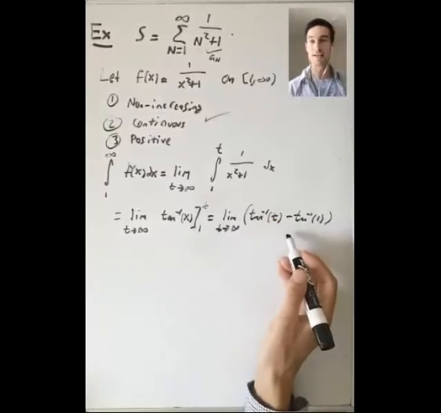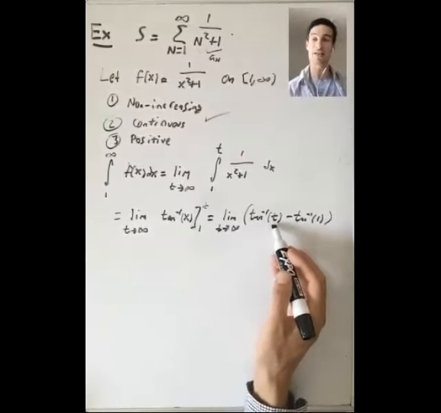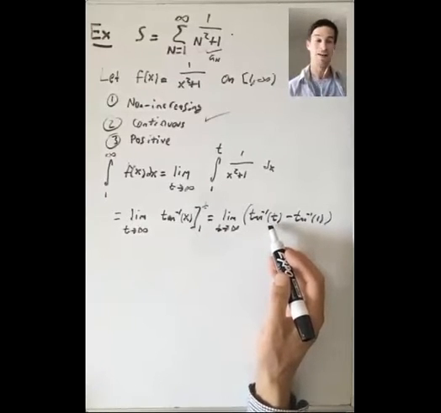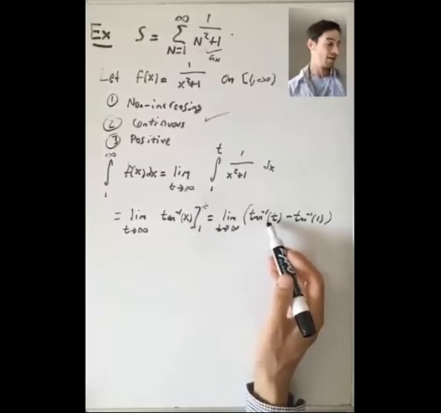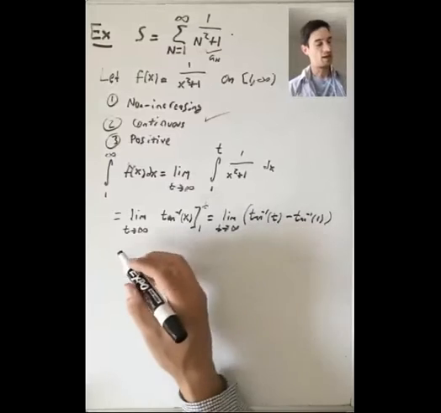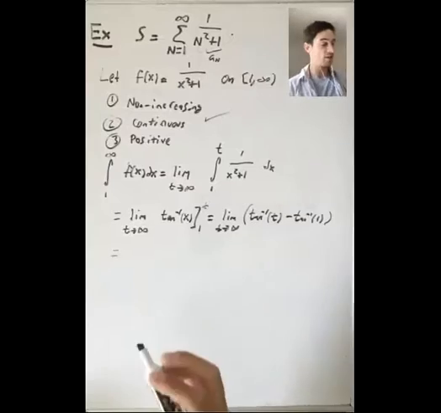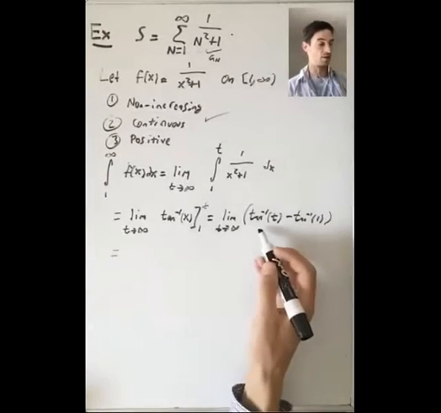We've already seen in an earlier video that the limit as t goes to infinity of arctan of t is pi over 2. The values of theta that are giving larger and larger values of arctan are thetas that are approaching pi over 2 from below, so that sine is close to 1 and cosine is positive, but getting closer and closer to 0.